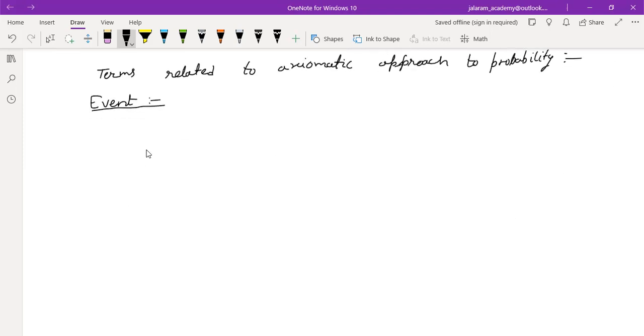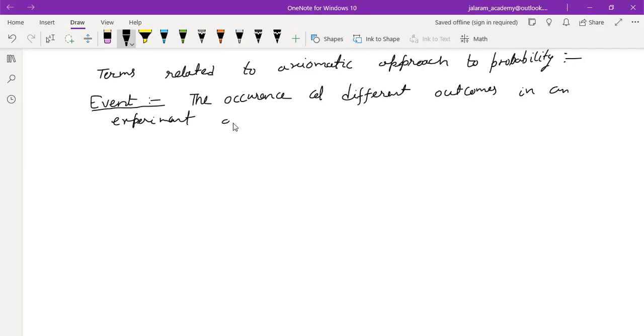Events means the occurrence of different outcomes in an experiment are called events.